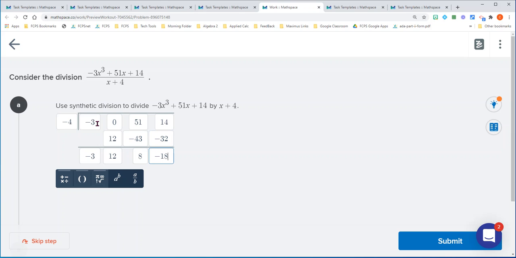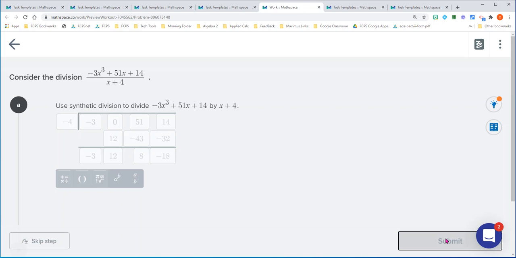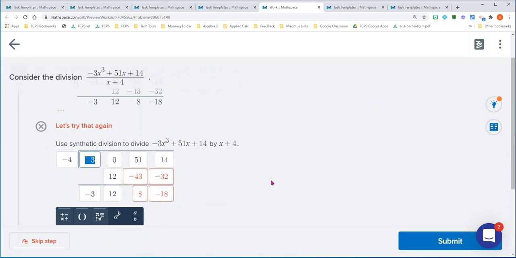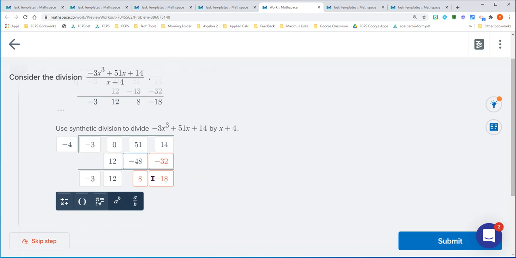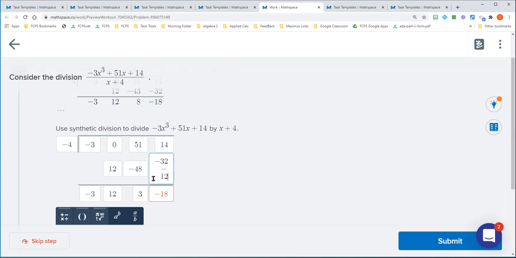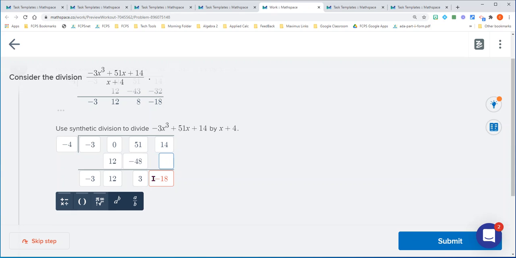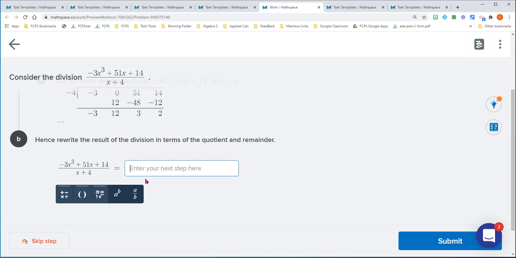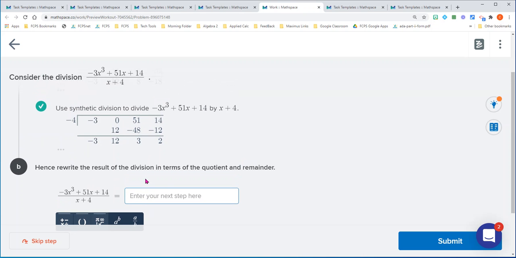I'm just checking my arithmetic. I believe that's right. Oh, nope, I must have made a mistake somewhere. Okay, hold on. Oh, I just typed the wrong number. It's 48. Silly. Let's try that. Yay! Okay, so how do you write the answer?